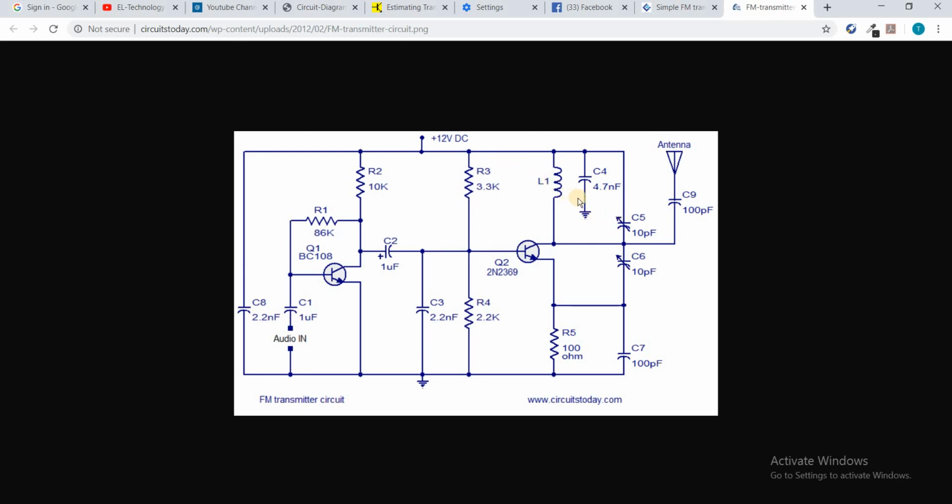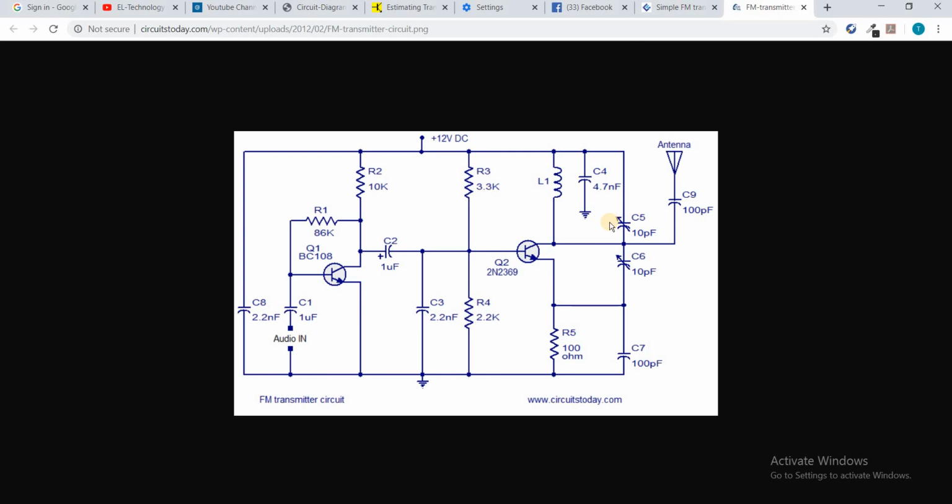Now these two components are the most important components in this circuit. These two components make up the tank circuit, which is also known as LC. The tank circuit provides the oscillation that is needed for the transmission of the signal. The frequency at which this circuit will be working and transmitting the signal depends on these two components, which are the inductor and the capacitor.